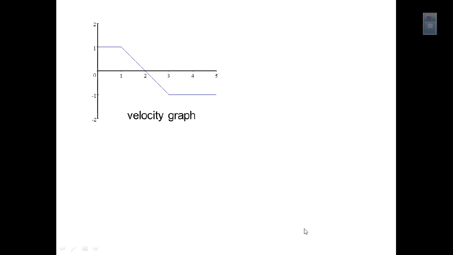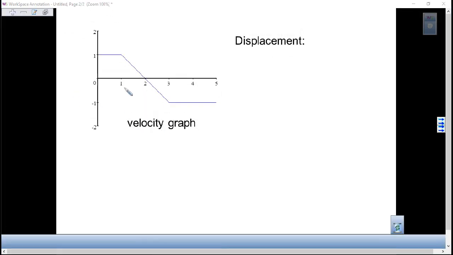All right, so the velocity graph here, for the displacement, we would find how much was traveled here, how much was traveled here, this being positive, this being negative because my y value is negative. And then I would add those together. You can calculate that a couple of ways.